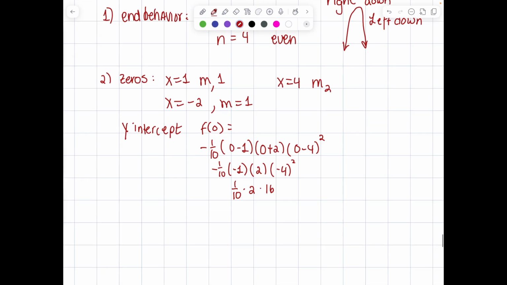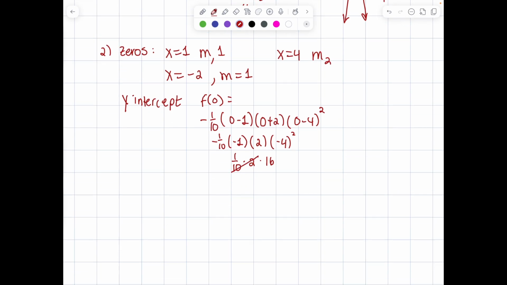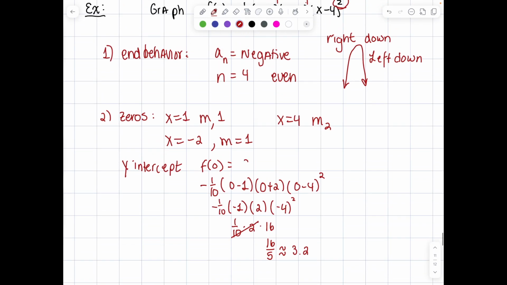So this cancels, and I'm left with 16 over 5, which is approximately 3.2. So a little bit bigger than 3.